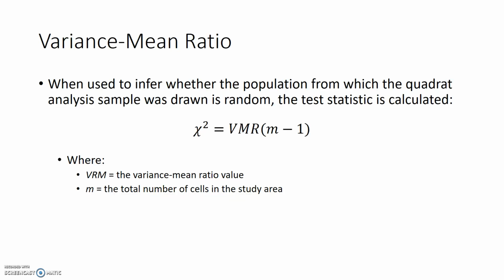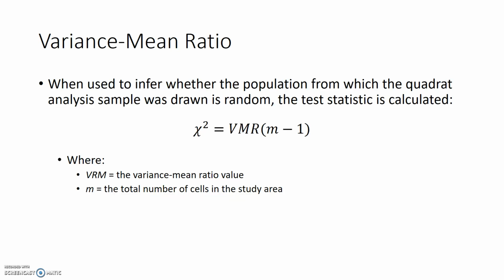So we have a nice test we can use with VMR, so we can try to infer whether the population from which that quadrat analysis sample was drawn is random. To do this, we have a chi-square value, and that's going to be equal to our VMR times m minus 1.